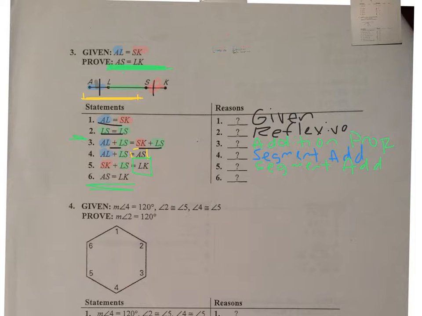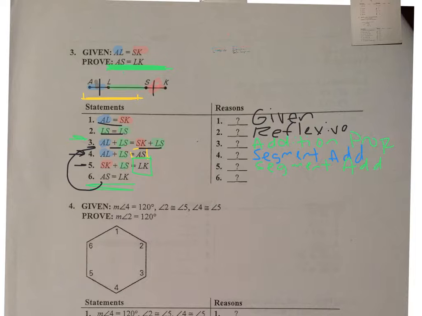Well, now in number 4, I have shown that AL plus LS, the thing that is on the left side of our equation in number 3, can also be called AS, right? AL plus LS created a longer segment. So what did I do? I substituted in AS for the left side of my equation in 3. It's a shorter form, right? AL plus LS is just AS.